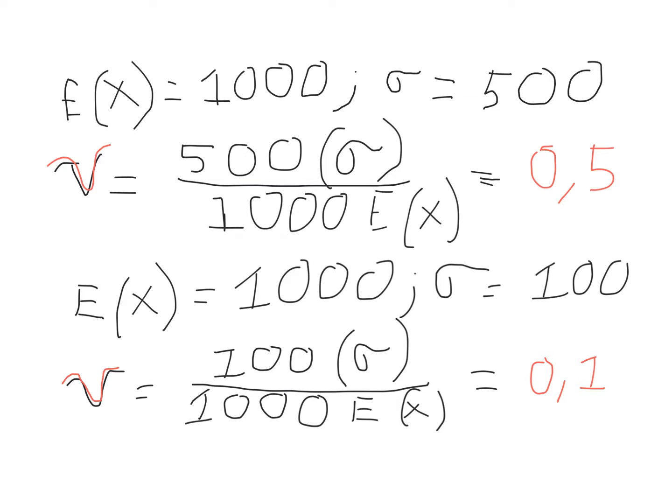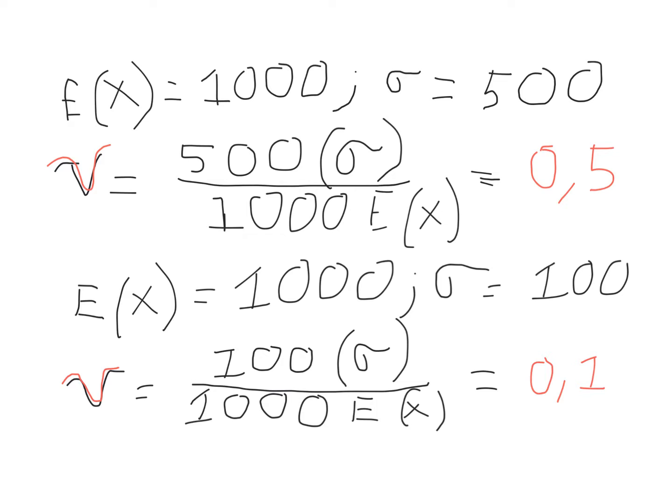To explain this coefficient, we make two examples. In the first example, we have a standard deviation of 500, and in the second example, we have a standard deviation of 100 for the same expected value.